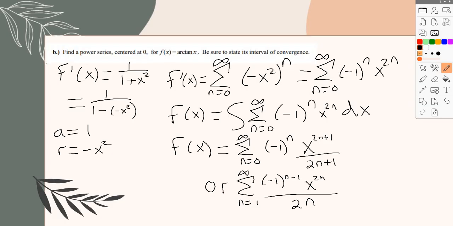What questions do we have there? Why would we not need a plus C? We could technically put in a plus C, but notice that we are centered at 0, so I would use that point.